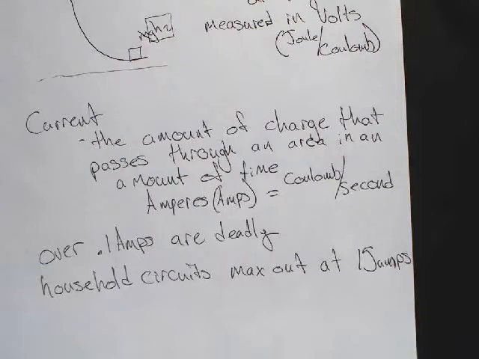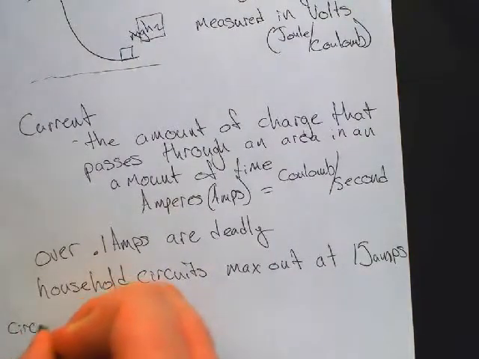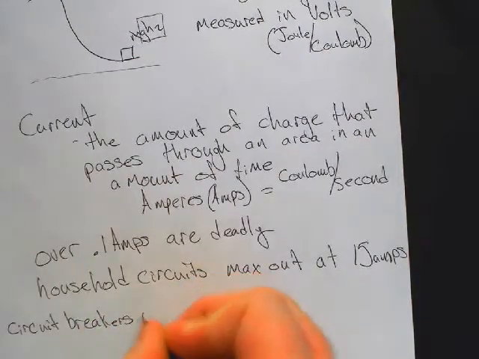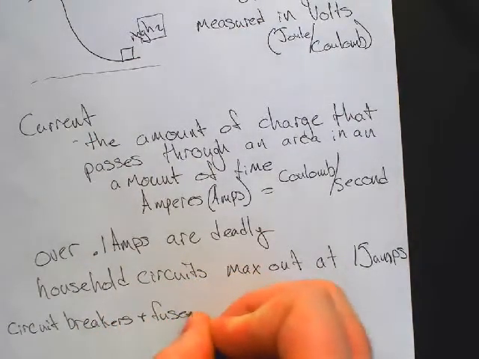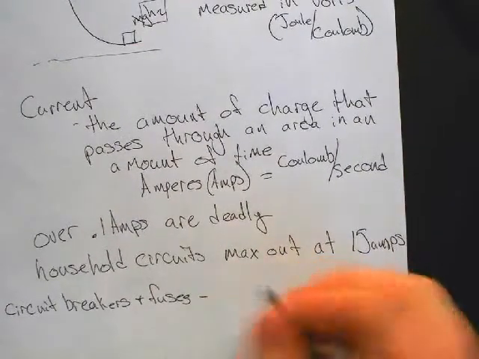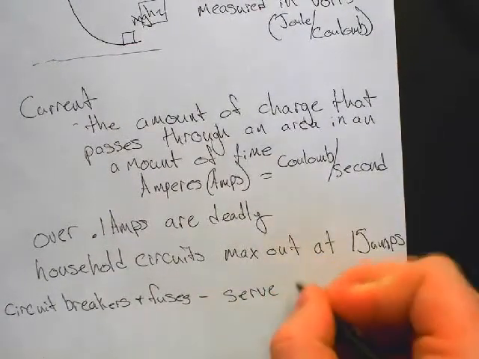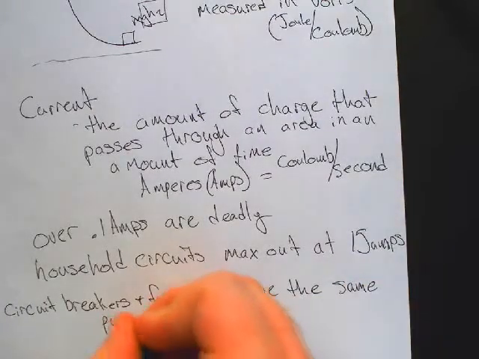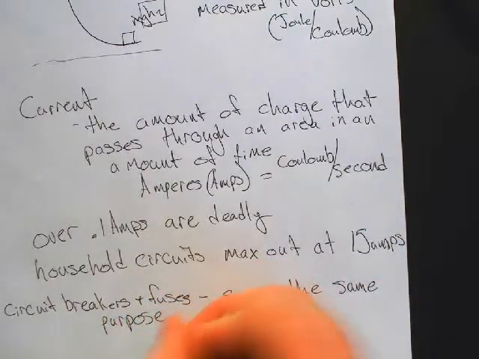To prevent this, we use things called circuit breakers and fuses. Circuit breakers and fuses both serve the same purpose, and that's to interrupt a circuit where the current has gotten too high, and may limit current.